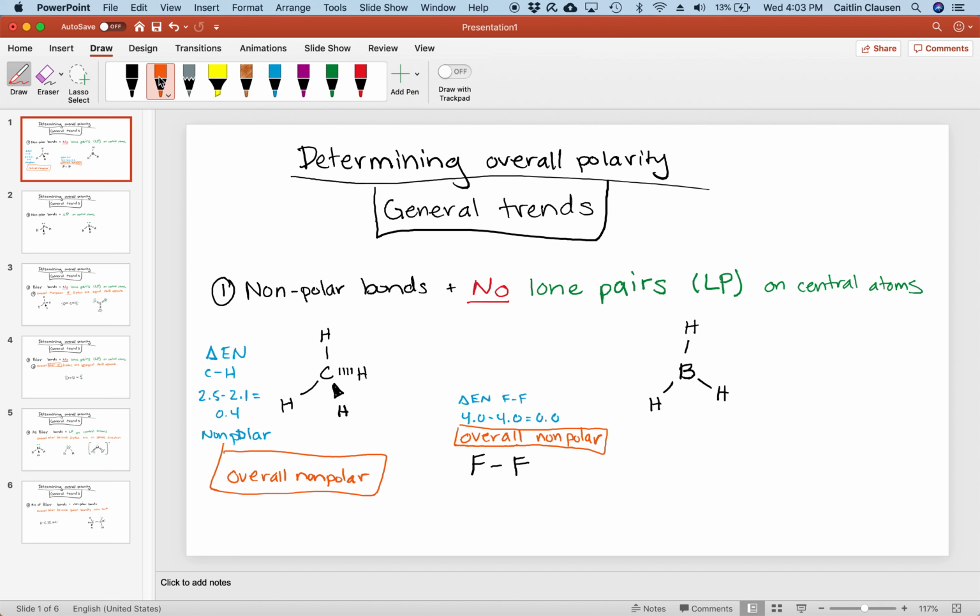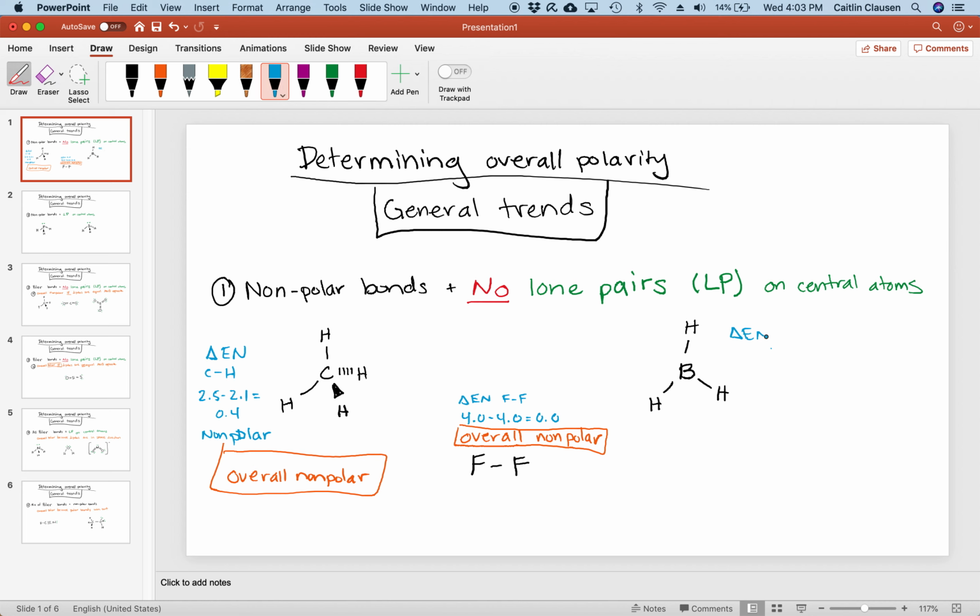For BH3, boron is 2.0 and hydrogen is 2.1. Alright, let's start with hydrogen.